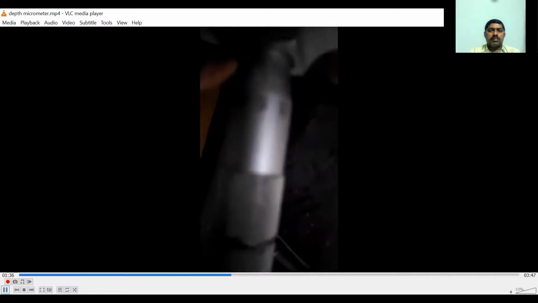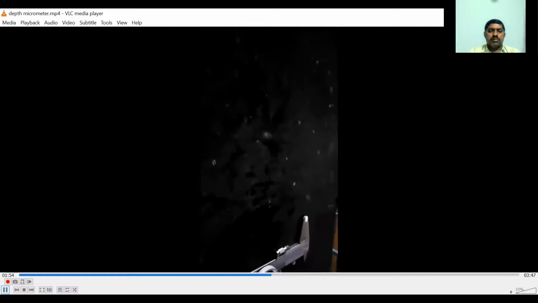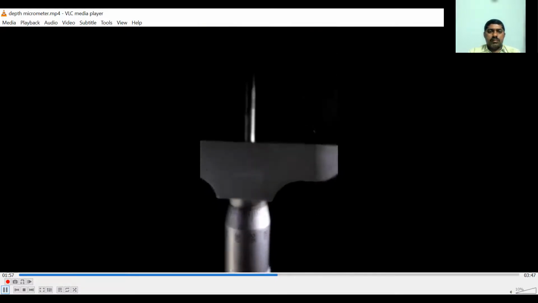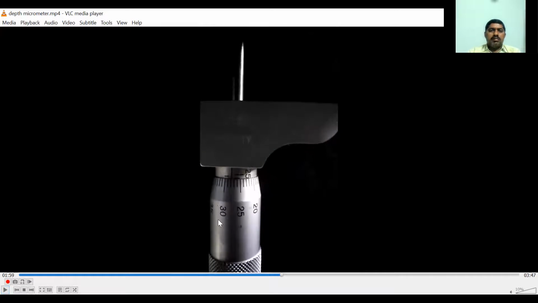Now we will see what the main scale reading and the vernier scale reading are. Here the rod we used is 75 mm. This rod length is 75 mm.